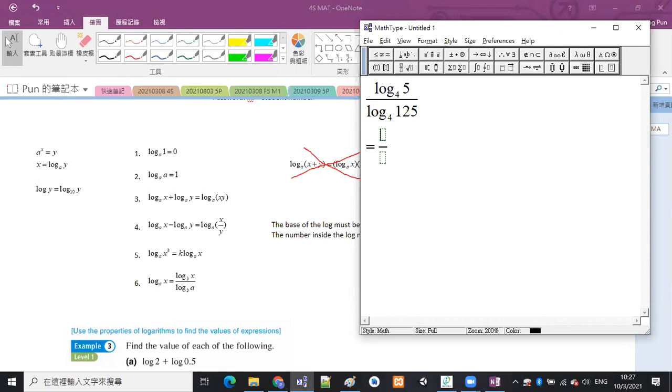log 5 base 4 over log 125 base 4 is equal to 5 over 125. It is not correct. It is not correct. The log is not a common factor. It is not a common factor, and they cannot be cancelled by each other. Okay, so this is wrong.